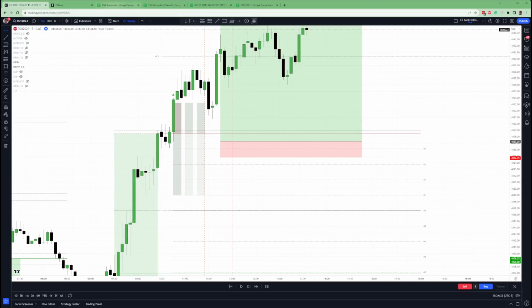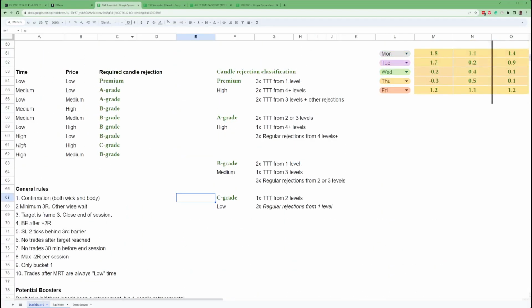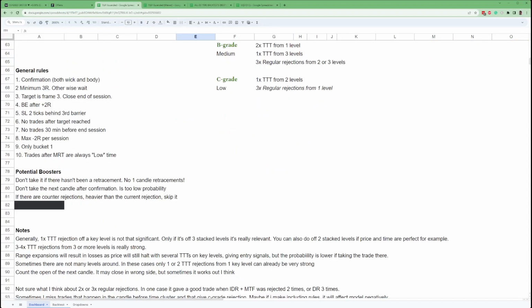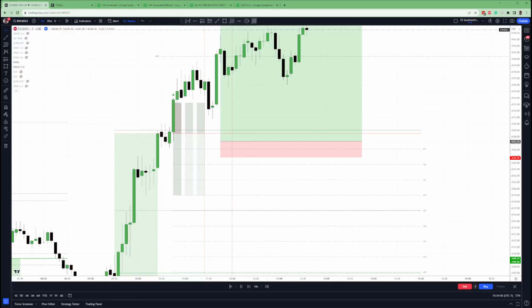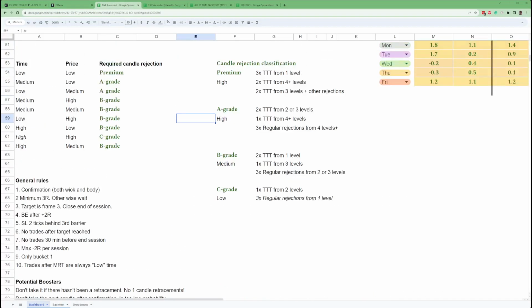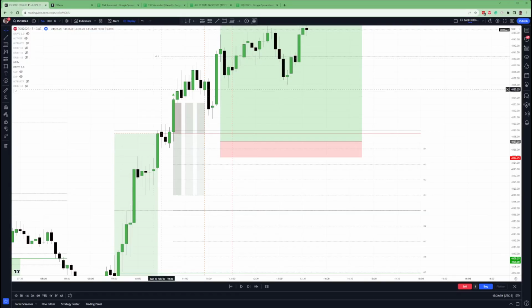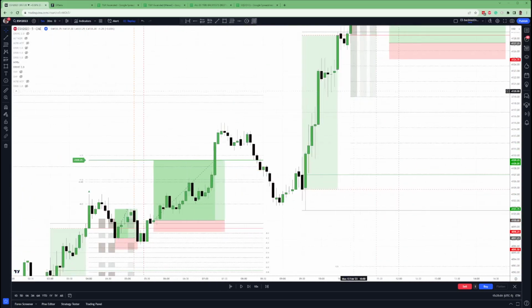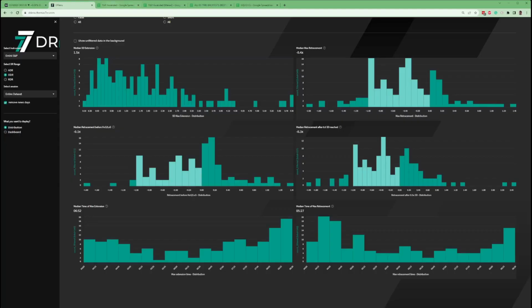Of course, the model does account for that a little bit, like I just told you, with requiring stronger rejection classes, but maybe it's better to either skip it or to only take A grade or higher when it happens, and make sure that price is aligning, or that you have some model alignment like here. Just be careful with that.